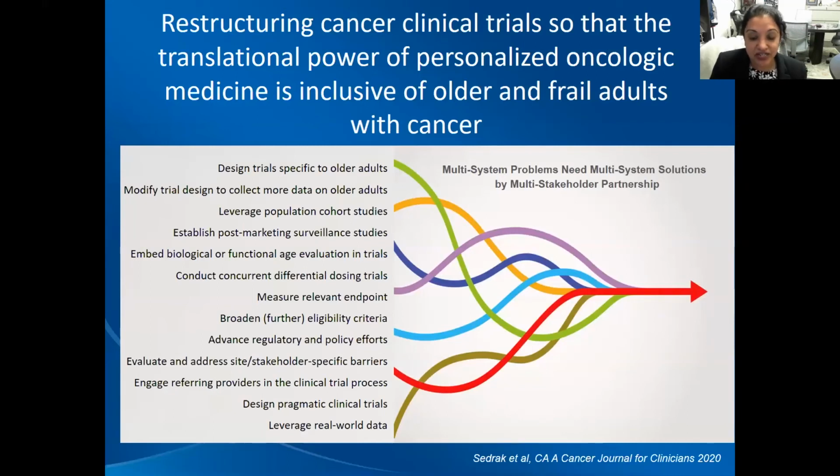This is a slide from Dr. Mina Cedric, who is becoming a leader in this area, or is a leader in this area. And this is a paper that I would recommend reading that describes the barriers to accrual to clinical trials and proposes solutions, including better study designs, eligibility criteria and endpoints.